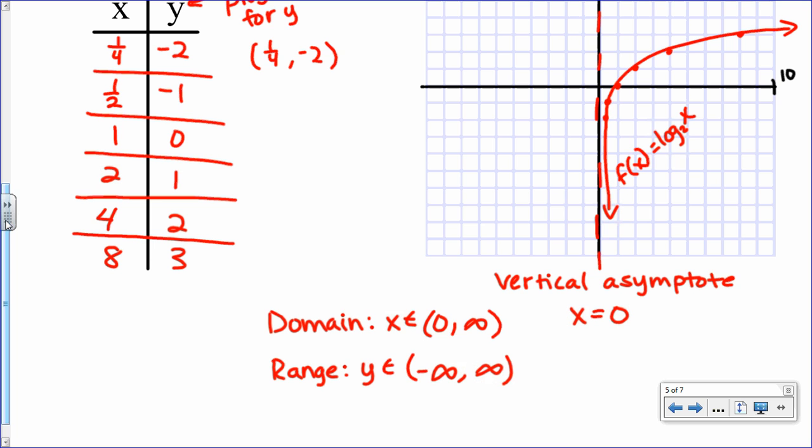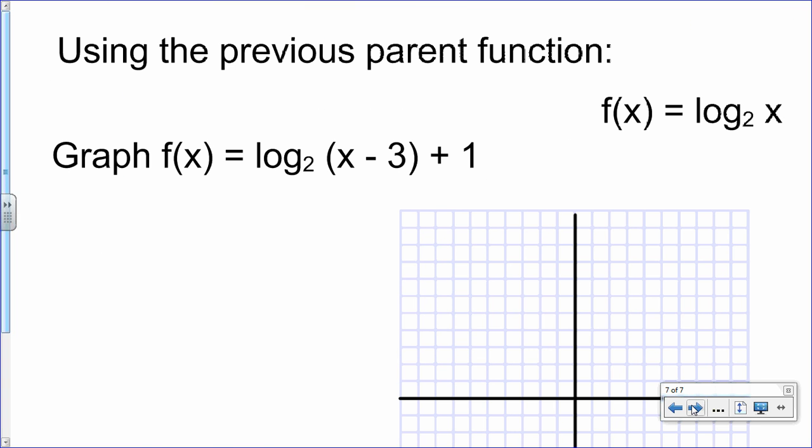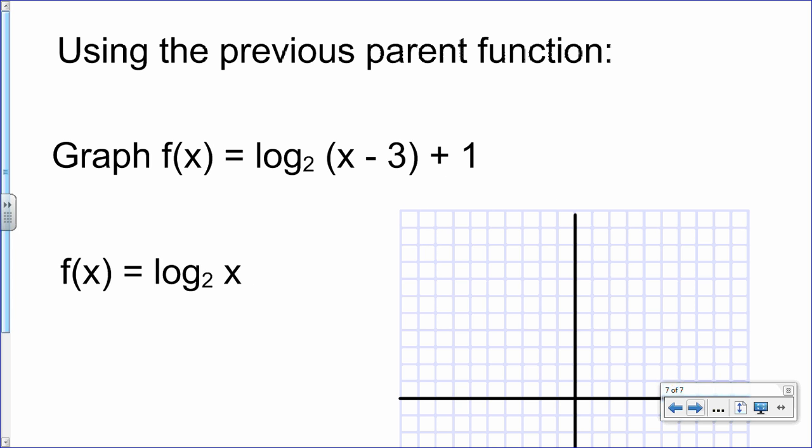Okay, so we're going to look at another one with some transformations. Like exponents, the parent function is just the base with x.